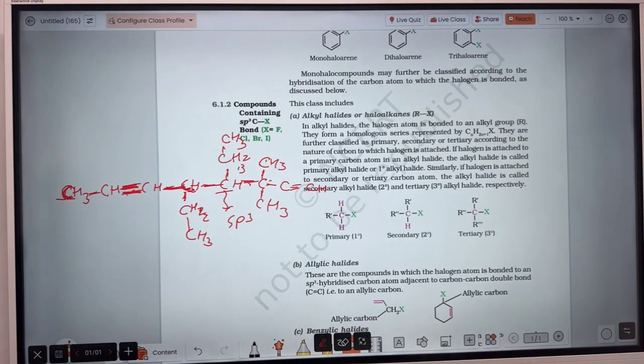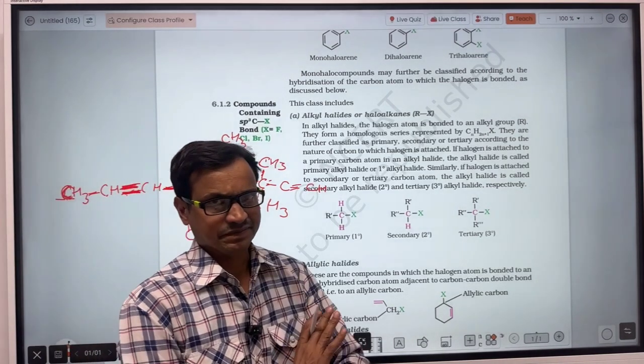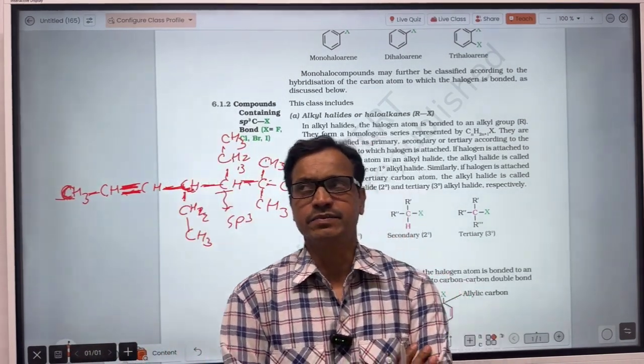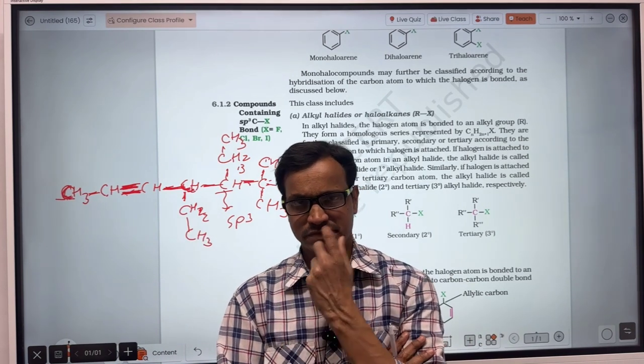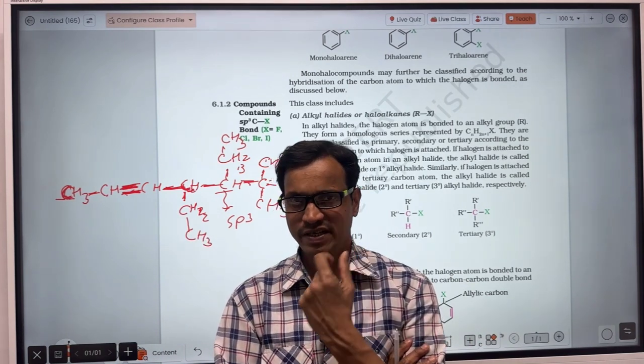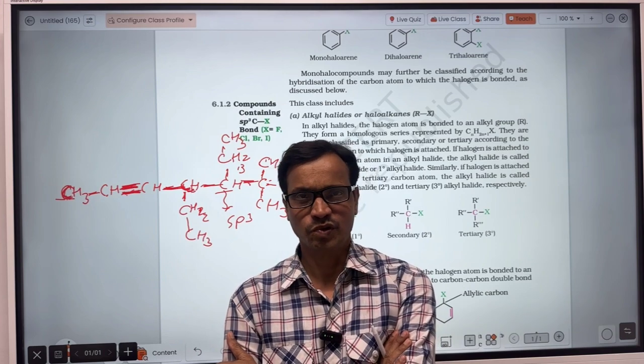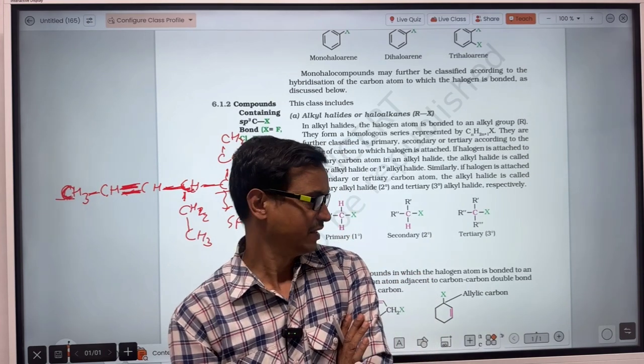Now about the primary, secondary and tertiary carbon atom we will discuss. The primary carbon atom is the carbon atom which will do bond formation with only one carbon, or which will not do bond formation with any carbon atom.